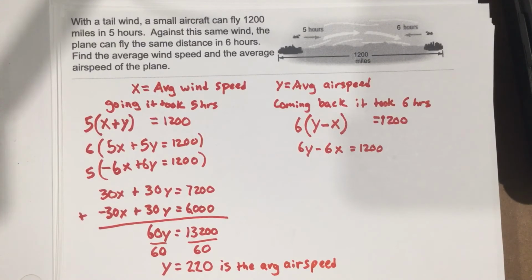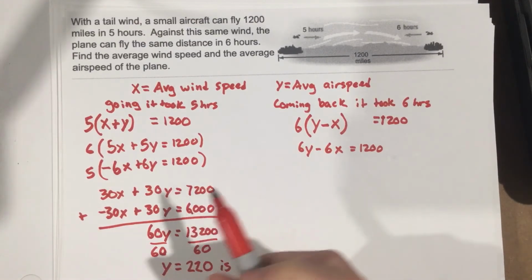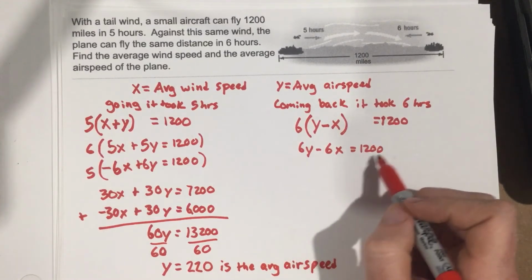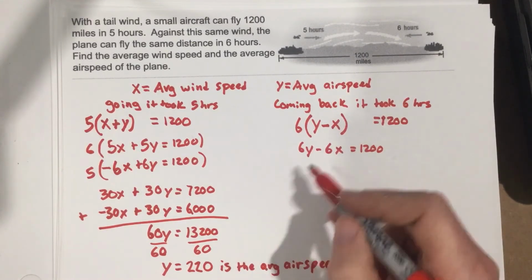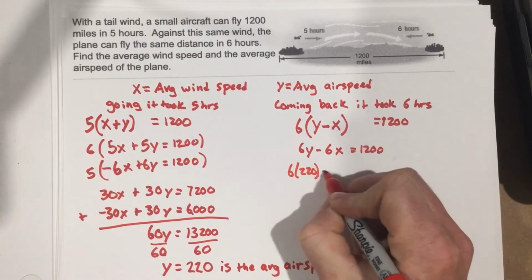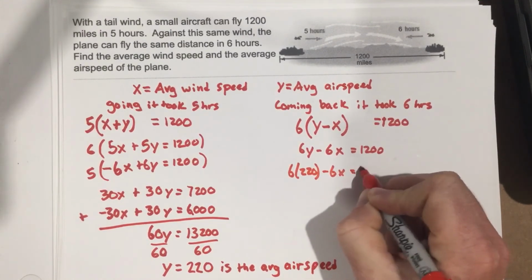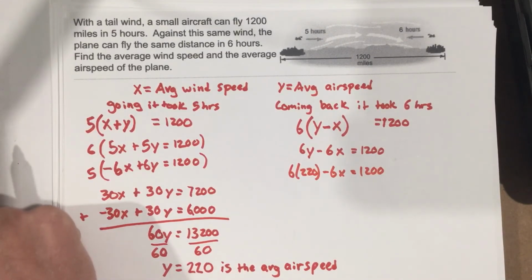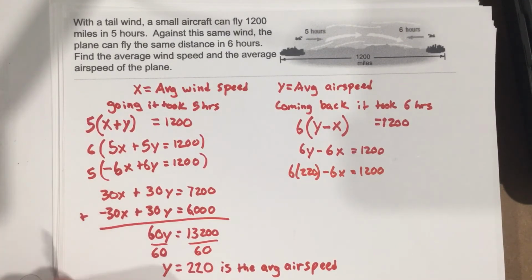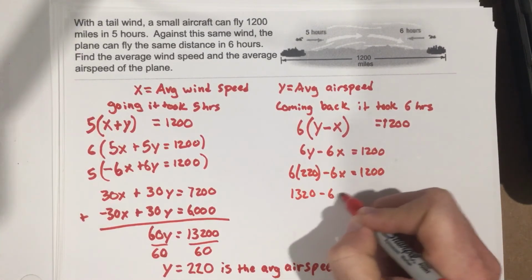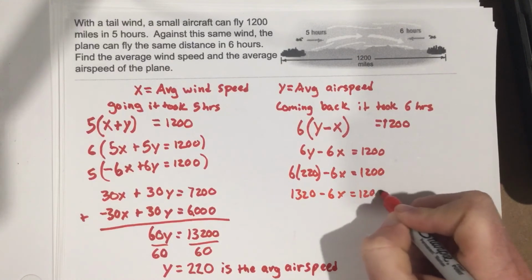Okay, what's the average wind speed? Well, we go back to one of our equations, and it doesn't matter really which one. Let's go back to this one that's sitting right here. Let's plug 220 in for y. We get 6 times 220 minus 6x equals 1,200. 6 times 220 is 1,320, minus 6x equals 1,200.